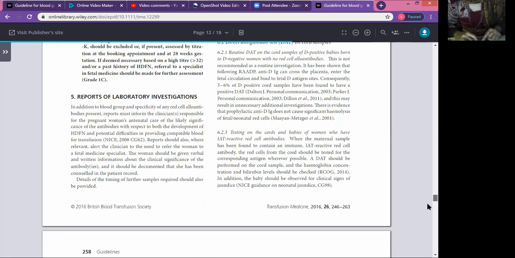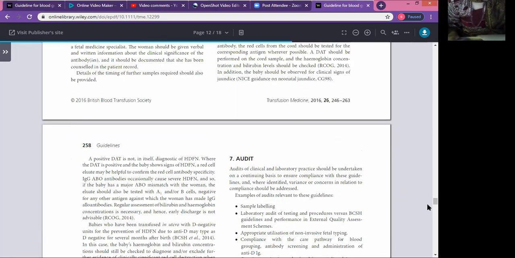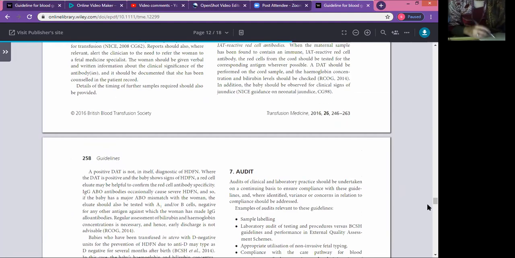We also do a routine DAT on these samples. It has been shown that following routine anti-D administration, anti-D immunoglobulin can cross the placenta, enter the fetal circulation and bind to fetal D positive cells. Consequently, 3 to 6% of D positive cord samples have been found to have a positive DAT. So with a positive DAT in a cord blood sample, we need to take into account whether anti-D had been administered at the time of delivery.